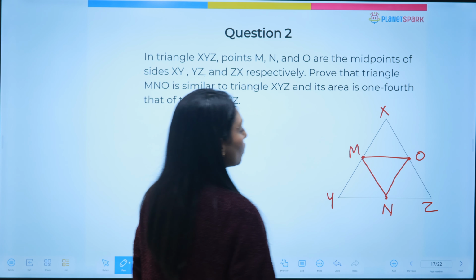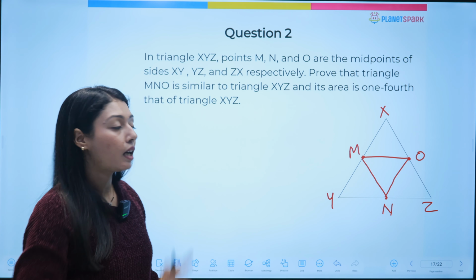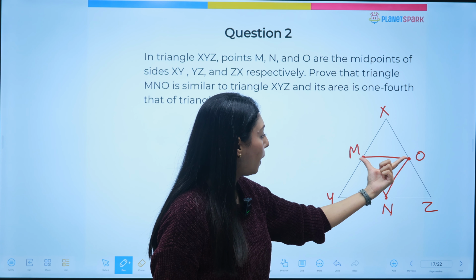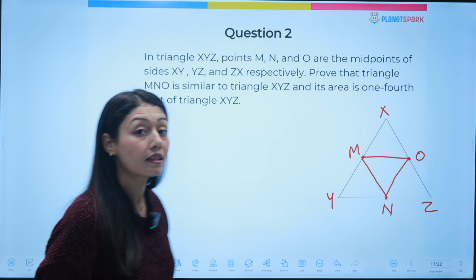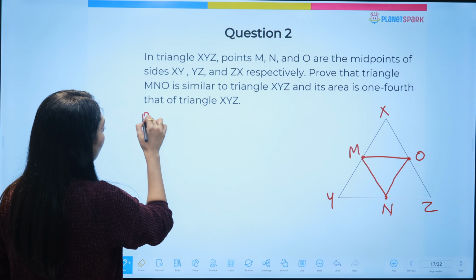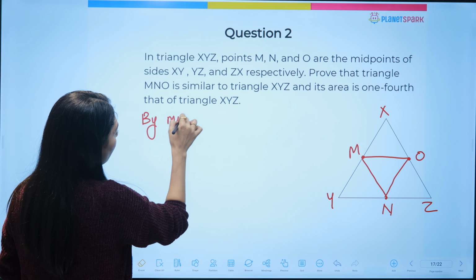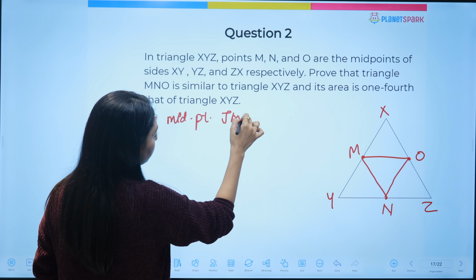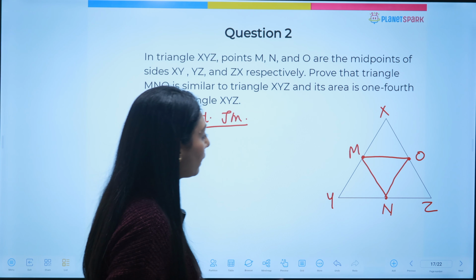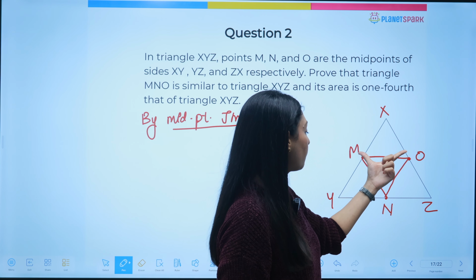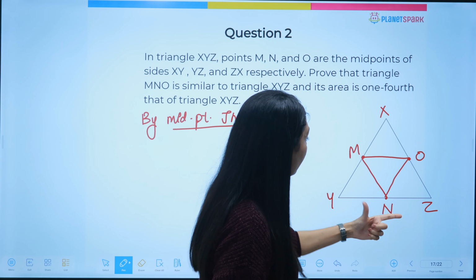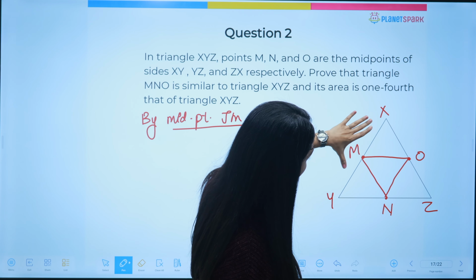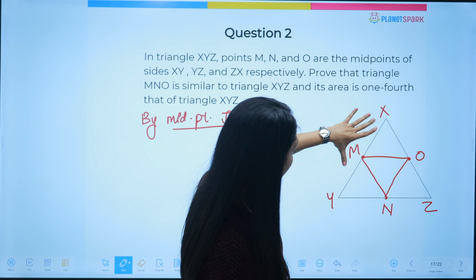So by midpoint theorem, we can write that MO is half of YZ, isn't that? So just apply the midpoint theorem here. एक बार हम consider करेंगे M and O as the midpoints of these two sides and this is the base there. Then consider these two midpoints and this is the base, so we can write the relationship between ON and XY.